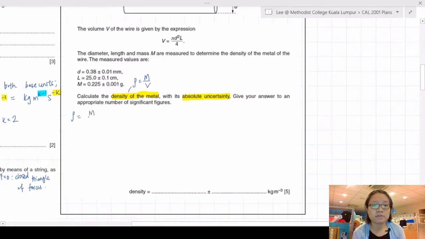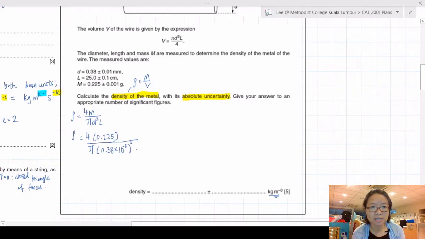Okay, so first thing first, I'm going to substitute V because density is mass per unit volume. So pi d square L over 4, bring the 4 up and multiply. And then I will substitute values. Okay. So generally when people here could make a mistake by not checking the units. If you look at the final answer unit is kg meter negative 3, meaning all these units have to be SI.